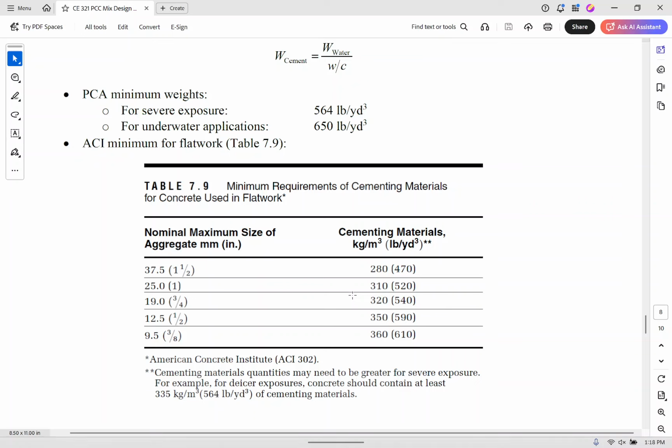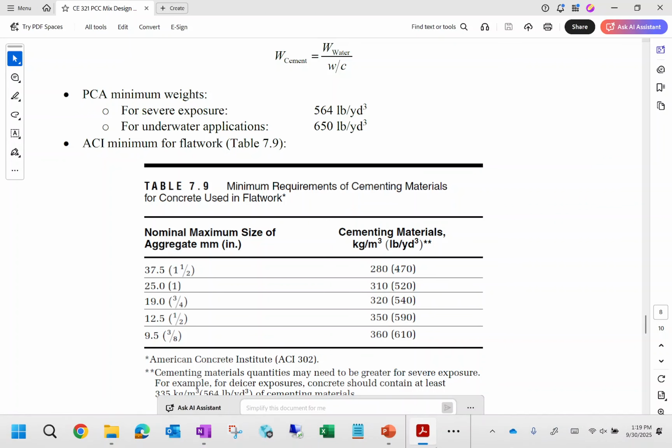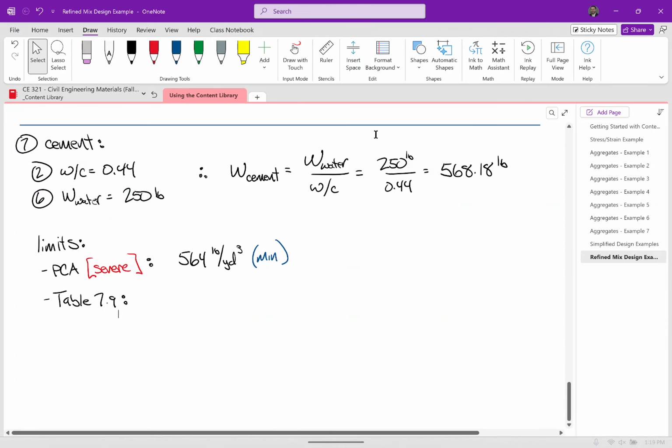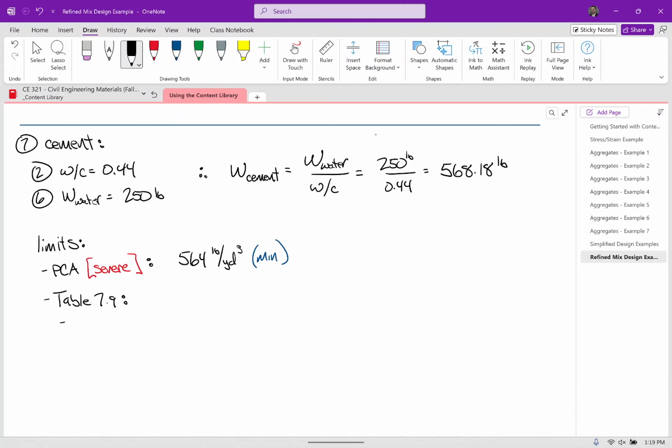It is a large flat cast as opposed to a column or a beam or some sort of mass concrete placement. This is a largely flat placement. So for a nominal max aggregate size of 1 inch, we have a minimum of 520. We're going to go ahead and indicate that. There's that 1 inch nominal max aggregate, popping up again.